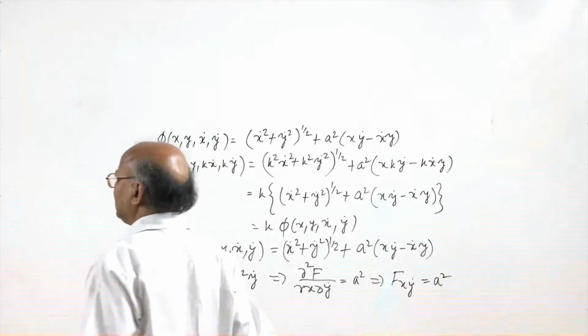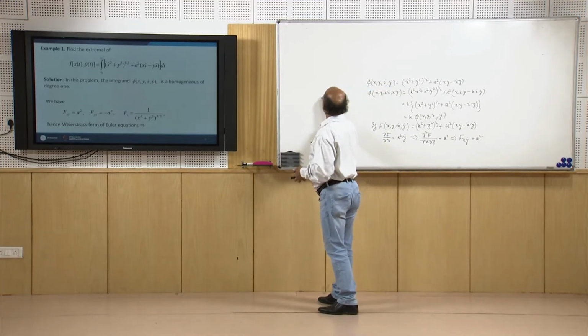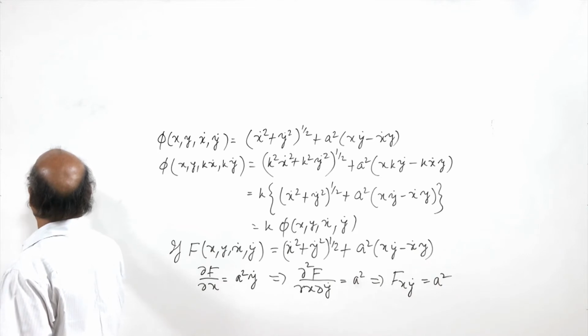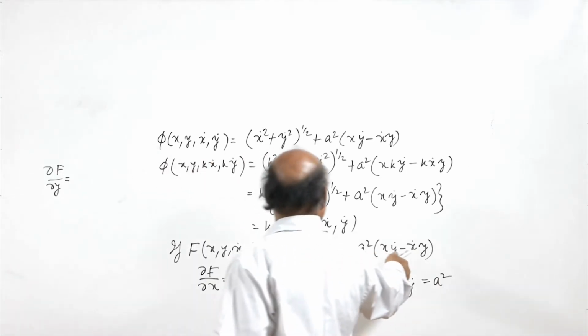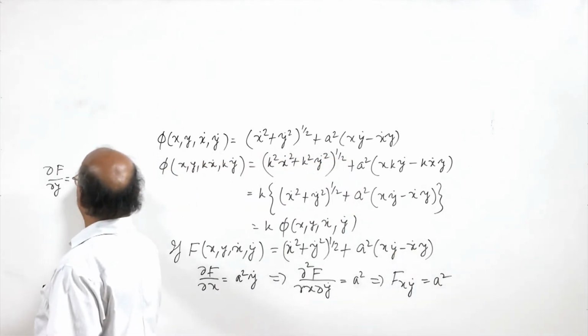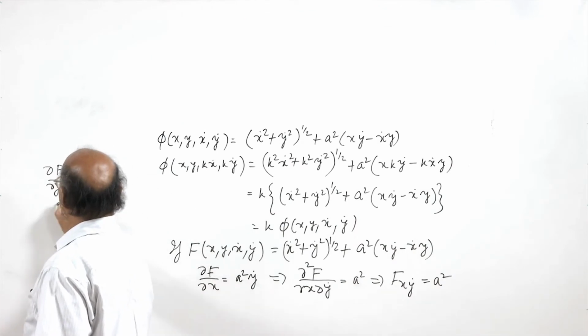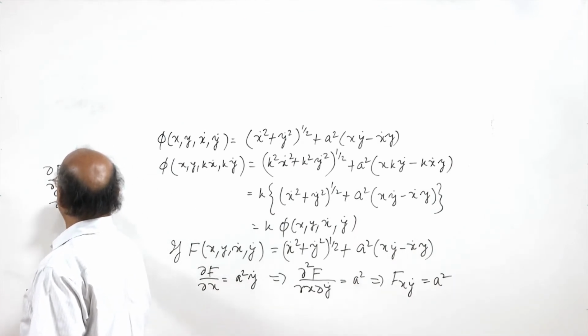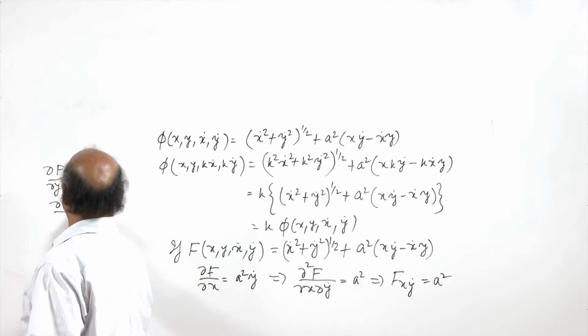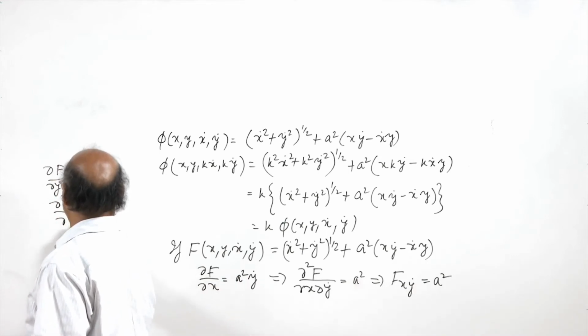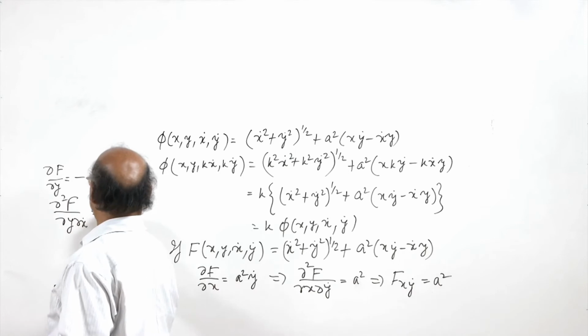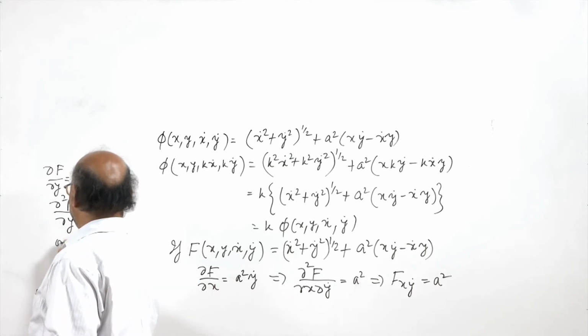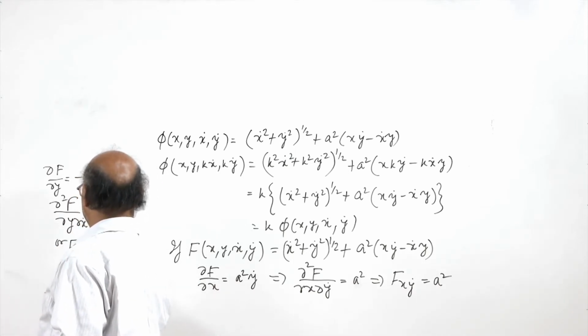Similarly, if you differentiate f with respect to y, what we will get is minus a square x dot, and when we differentiate it with respect to x dot further, we will get minus a square. So we can say that this is f y x dot.